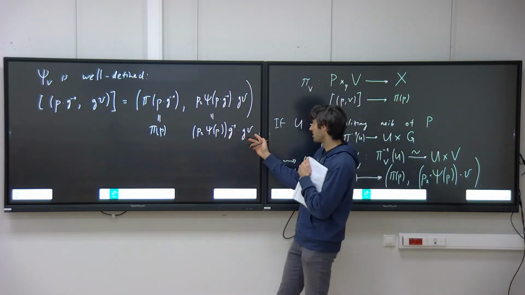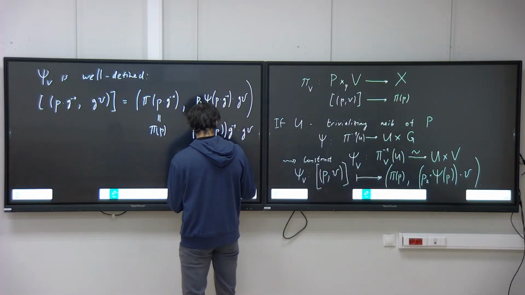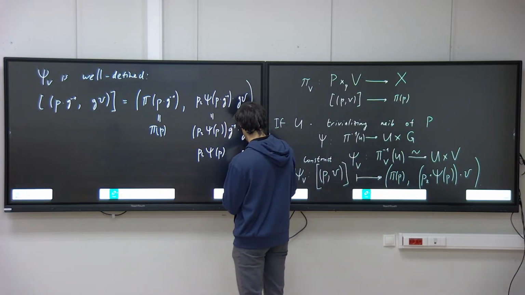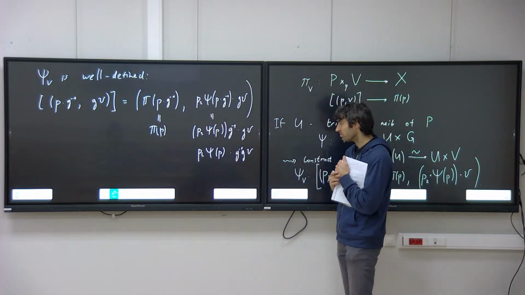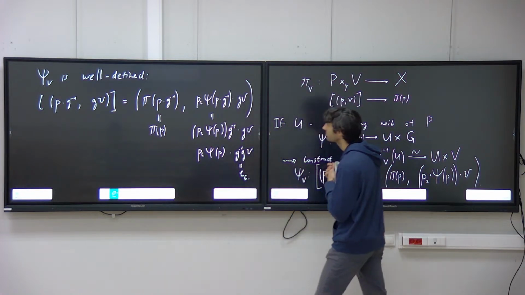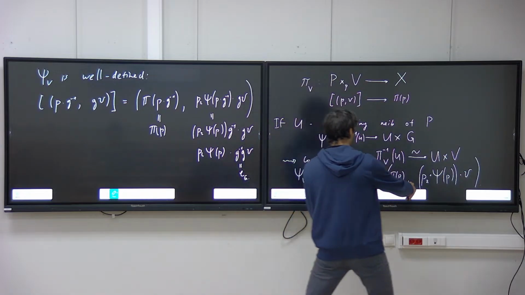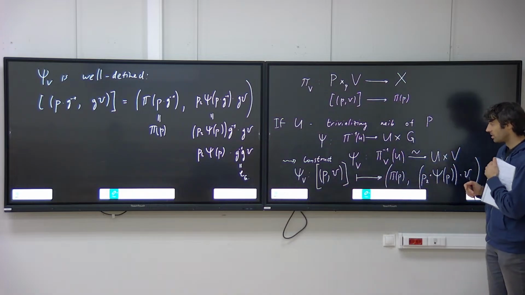Action means that this is the same as P2 psi of p, and then I apply g to v and then g inverse. And this is just identity. And so I go back to the same definition as I have with the initial representative.